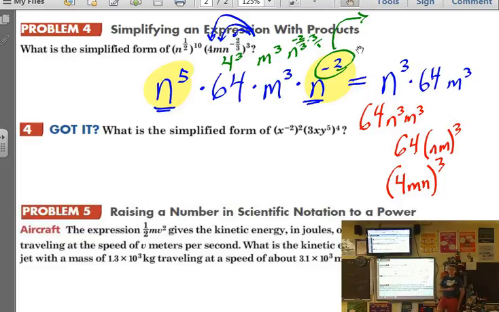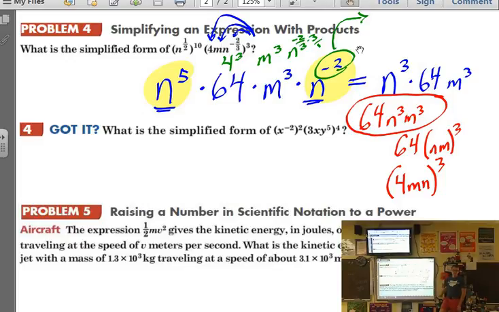It depends on what you're doing. Sometimes you'd prefer to have it like this, and sometimes like this. I could do the m times the n times the 4 first and then cube everything, as opposed to having an input for the n and an input for the m. If we want to be technical about when it's simplified, this is our simplified form, where we've done what we can do. But depending on the application, if everything is getting cubed, it's nice to multiply everything, then cube.